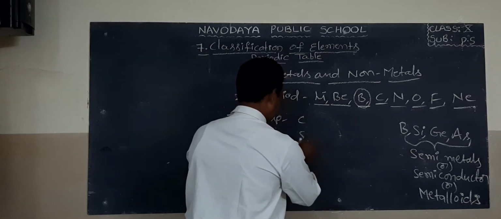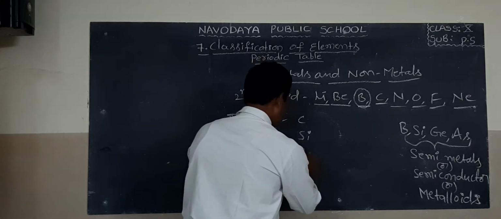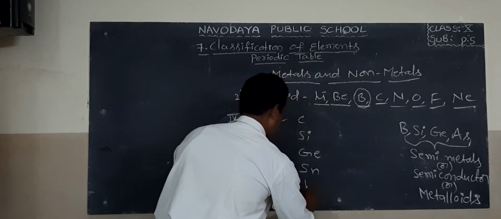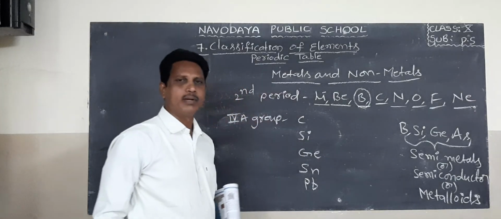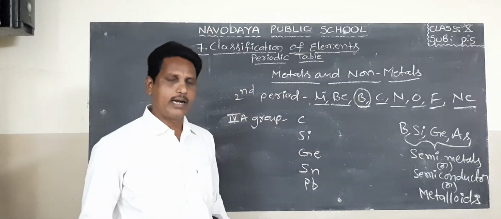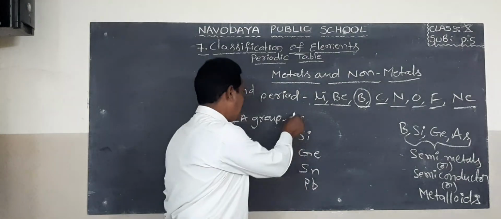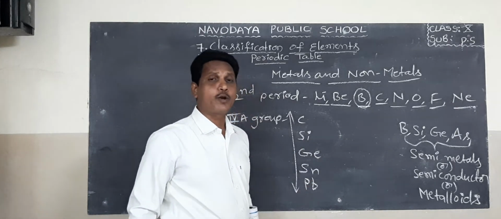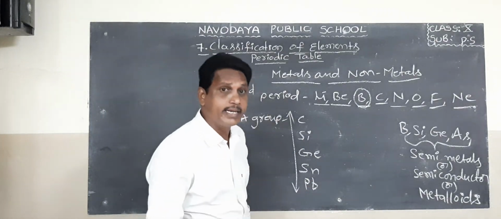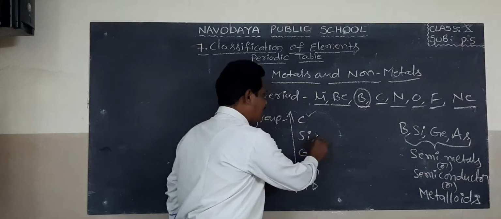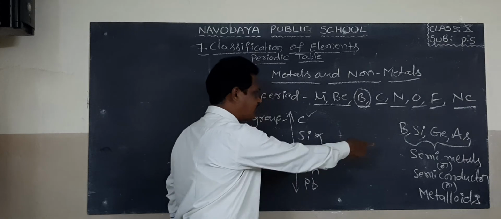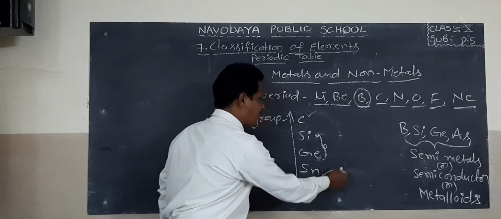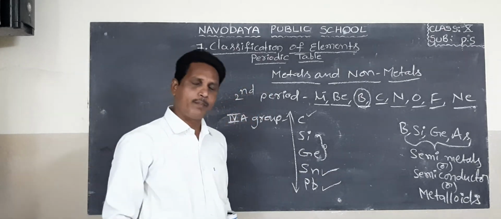Next one silicon, germanium, next Sn, stannum, next Pb, plumbum, lead. The name of Pb is plumbum, which is lead. Top to bottom in a group, metallic property increases. Carbon is a non-metal. Silicon and germanium are metalloids or semi-metals. Stannum is a metal. Lead, plumbum, is also a metal.